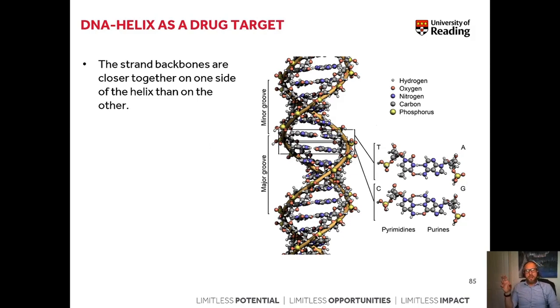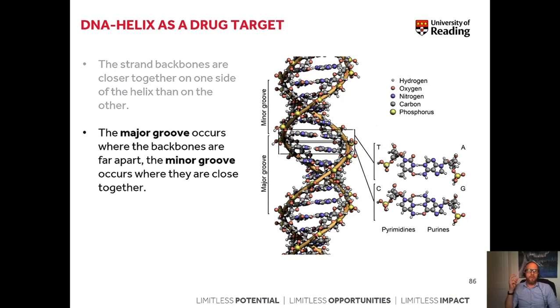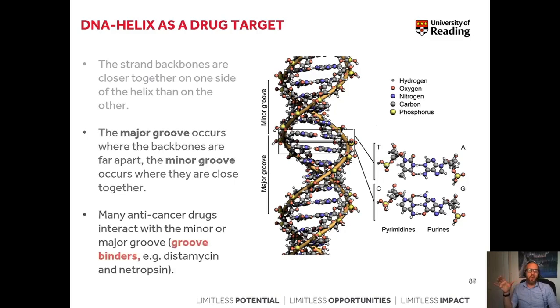This is because the backbones of the strands are closer together on one side of the helix than on the other. The major groove occurs where the backbones are far apart, and the minor groove occurs where they are close together.